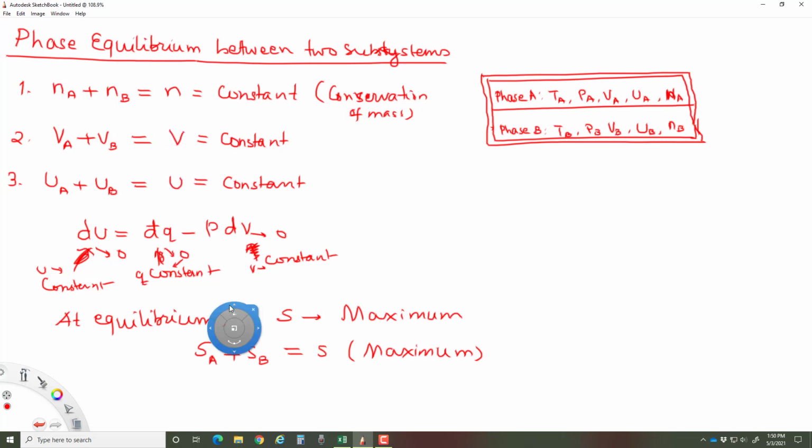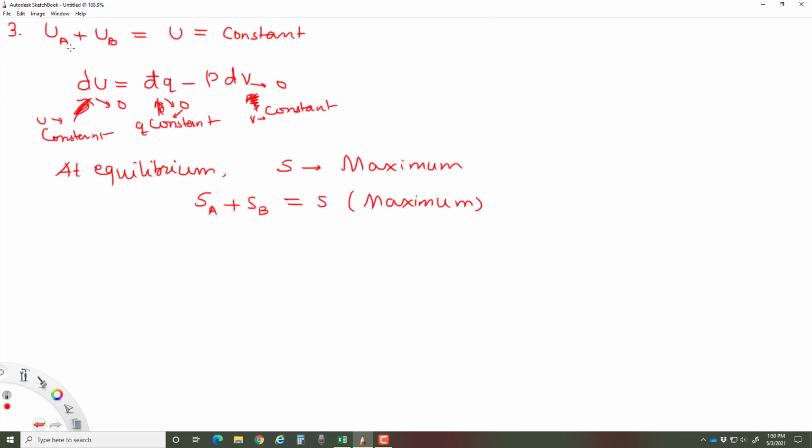Let's say now our entropy is increased by a small amount dS, then the small change in entropy would be given by the small change in entropy of A plus the small change in entropy of B. But we know that from the combination of first and second laws, TdS is given by change in internal energy plus PdV minus mu dN.